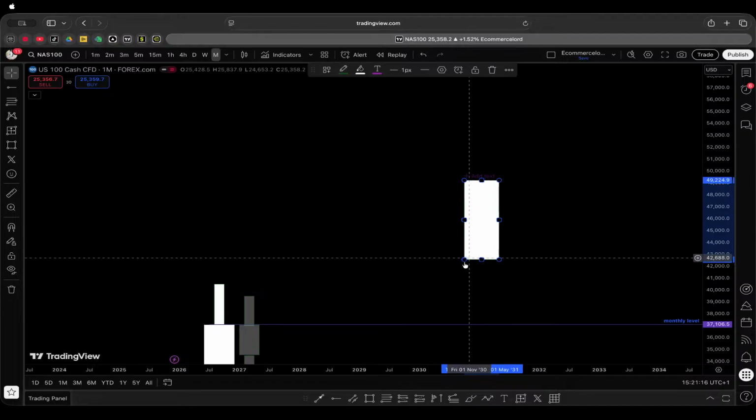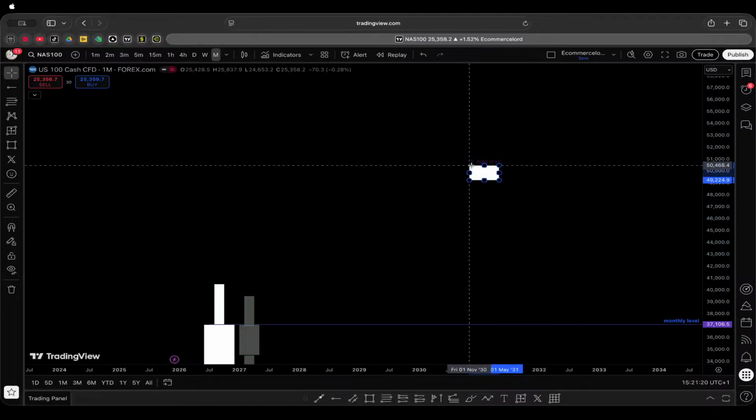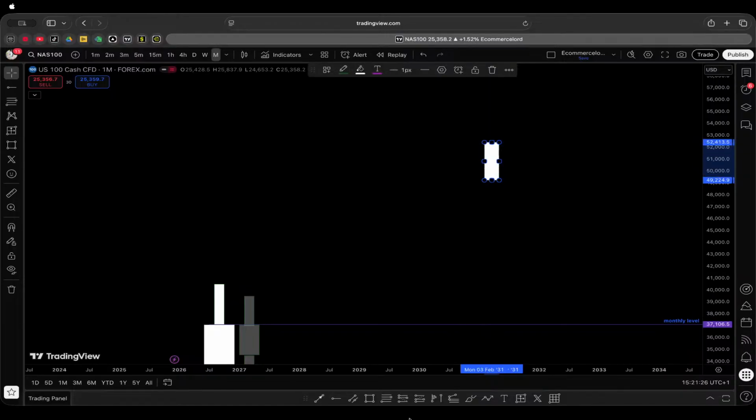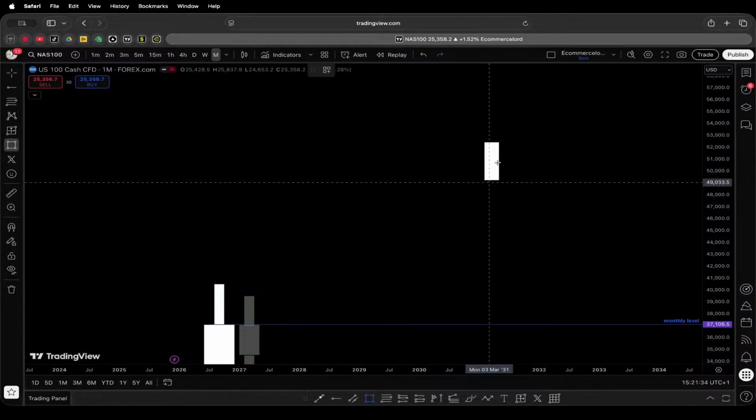And the bearish candle opens from up. So this candle opened here, it goes up and forms a wick.